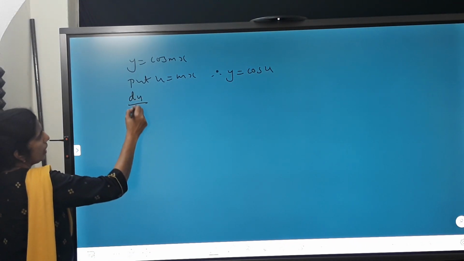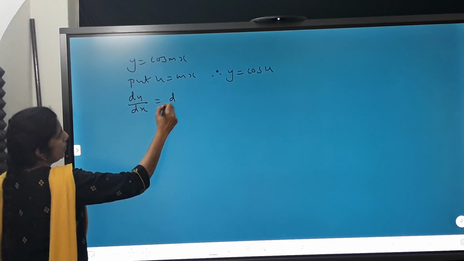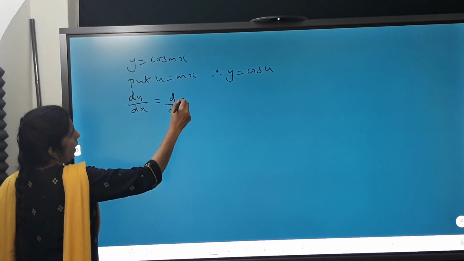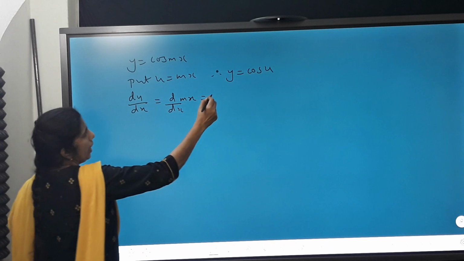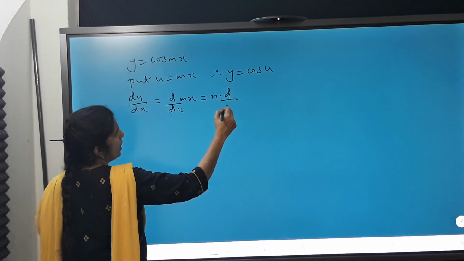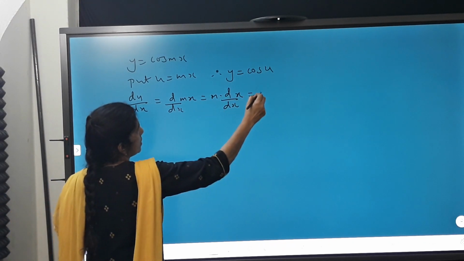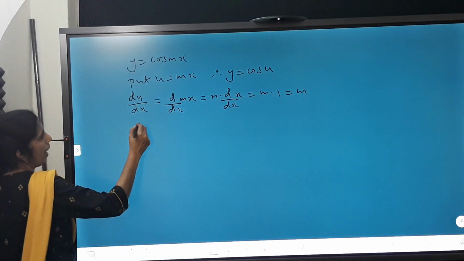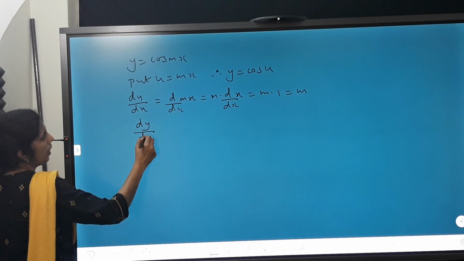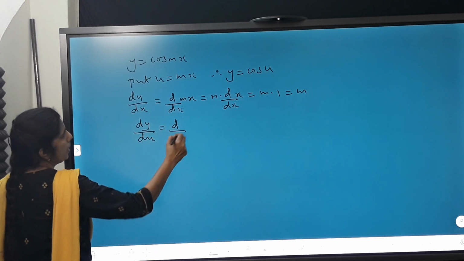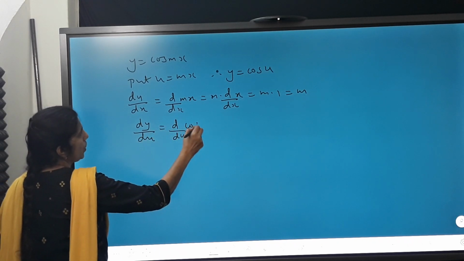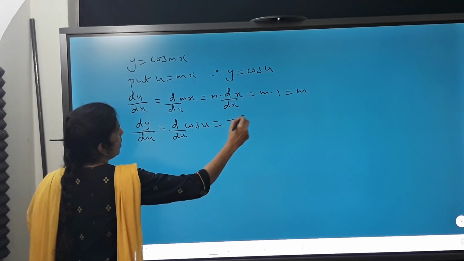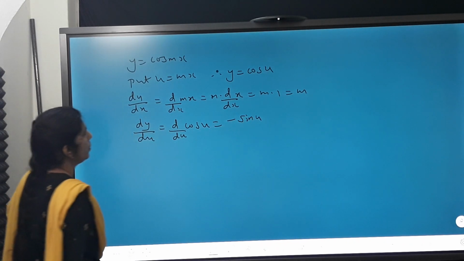So as before, du by dx equal to d by dx of mx, that is m into d by dx of x, that is m into 1 equal to m, and dy by du equal to d by du of cos u, that is equal to minus sin u.